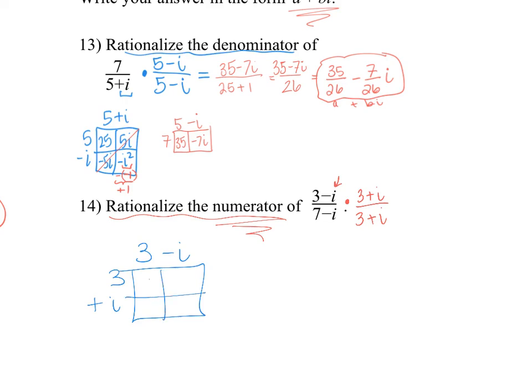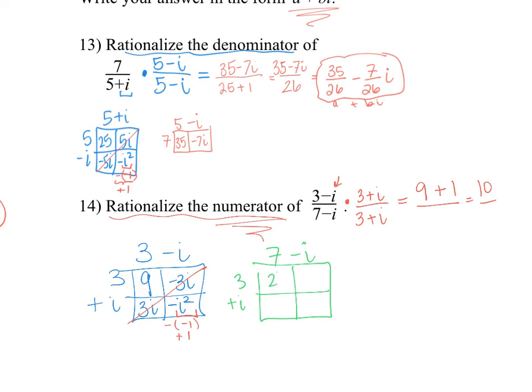So we're going to get 3 times 3 is 9. We'll get a negative 3i, the plus 3i, and then negative i squared. Which again, that's negative 1. We already have the negative, so it turns into a positive 1. And those cancel. So our numerator will be 9 plus 1. Well, really just 10.